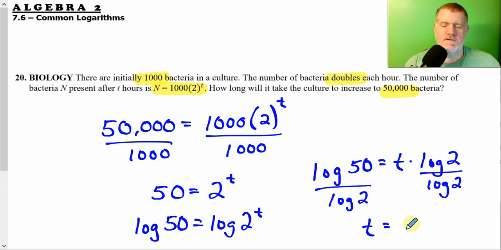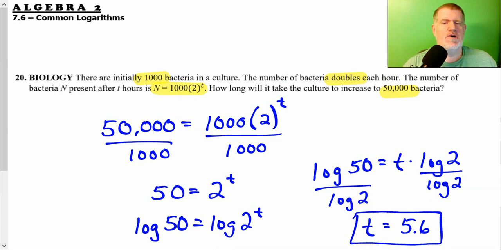T is about, let's see, log of 50 divided by log of 2. It's about 5.6. So in about 5.6 hours, my 1,000 bacteria will increase to 50,000 bacteria. So they get up there pretty quickly, don't they?